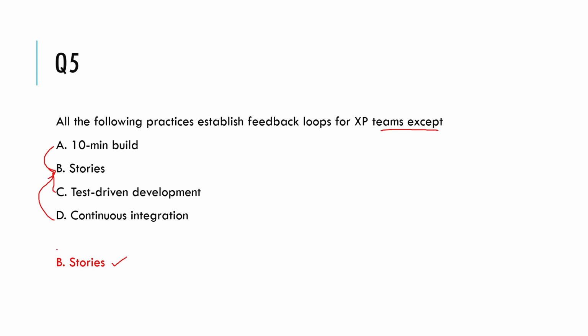The point is, stories, they do not change very much once they are written, and there's no opportunity to feed info back into stories. But these other three practices, 10-minute build, test driven development, also known as TDD, and continuous integration, they do establish feedback loops many times over the course of a weekly cycle that XP teams follow.